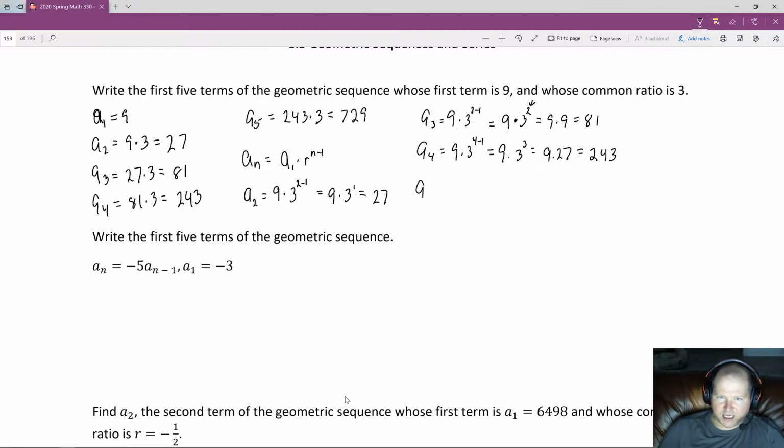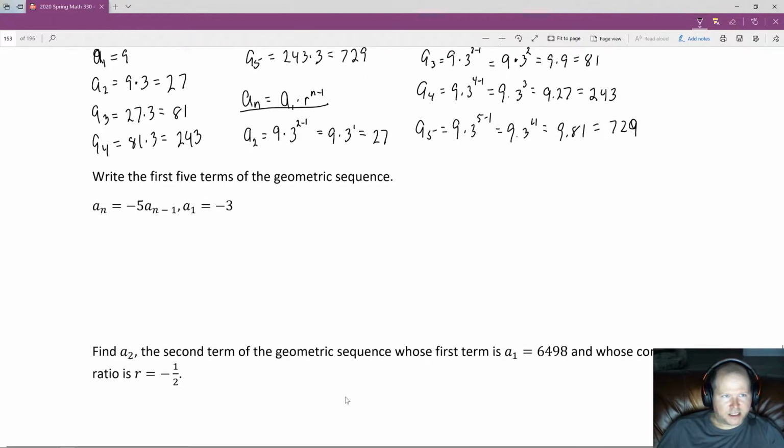And then you would have done the last one, which is the fifth one, which would be 9 times 3 to the 5 minus 1, which is 9 times 3 to the fourth, which is 9 times 81, which is 729. So you kind of do it recursively. You can just plug it in over and over again, and you get the answers. Or you can use the formula to get the same kind of result.